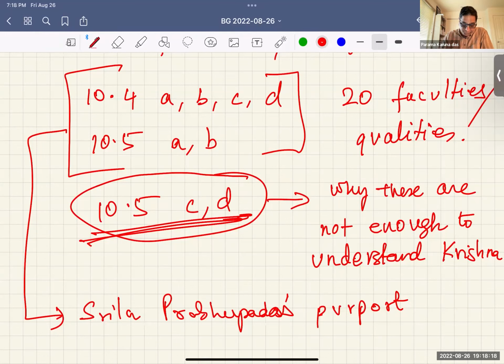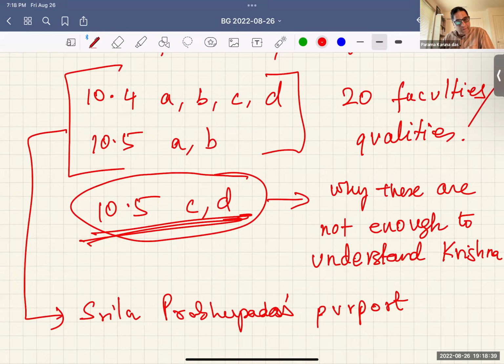So that is the power, or that's the quality. Ahimsa samata tushti tapo danam yasho ayashaha: non-violence, equilibrium, satisfaction, penance, charity, fame, and infamy. So these are the 20 qualities.